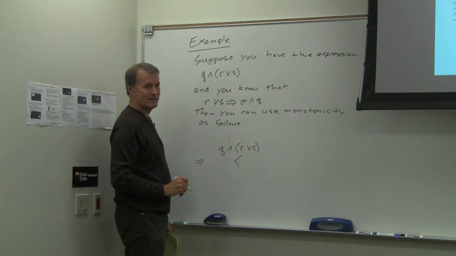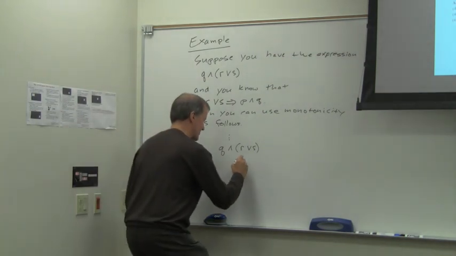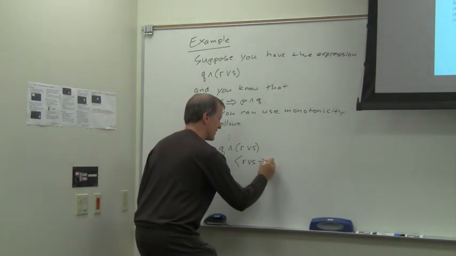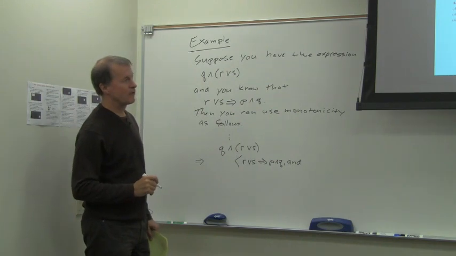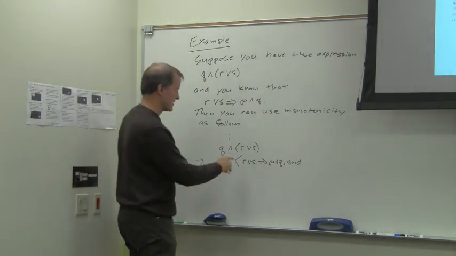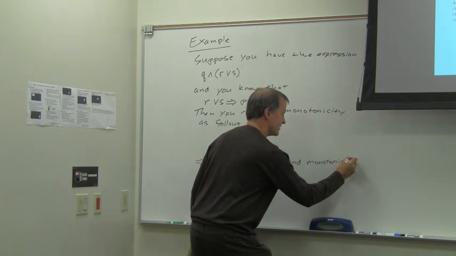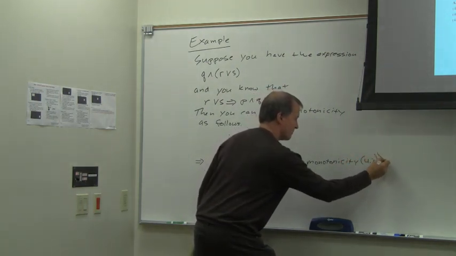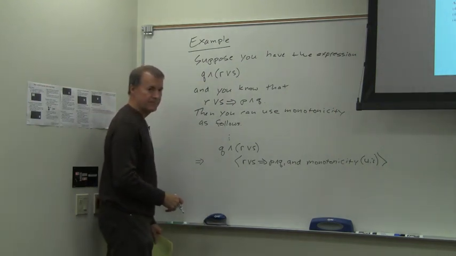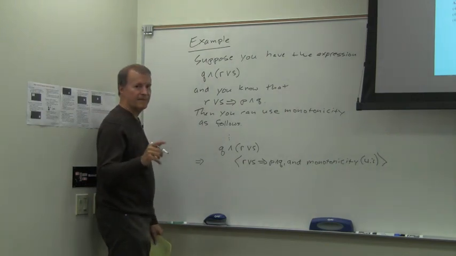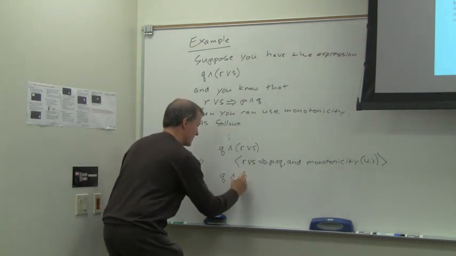By the fact that R or S implies P and Q. And which monotonicity this time? 4.2 or 4.3? 4.3, because this is an and, right? Monotonicity 4.3. Yeah, Q and P and Q.